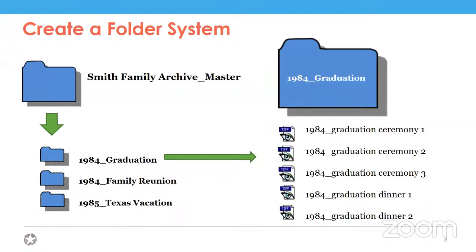The year is very helpful, and what the event is. Sometimes you could even put who, like who was graduating, so 1984 Roger graduation. If you had a family reunion every year, you have 84 family reunion, 85 family reunion, and those are organized much better than just having one family reunion folder.